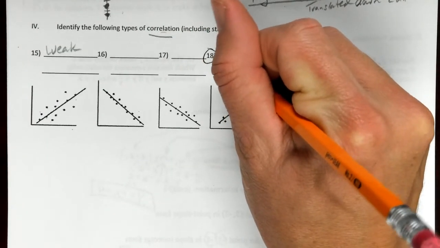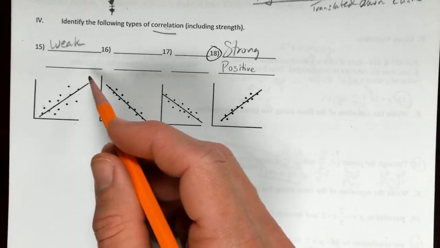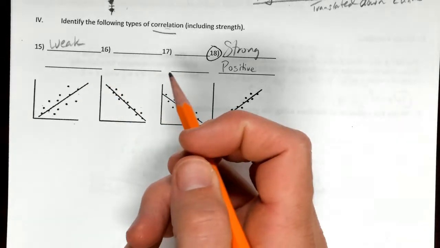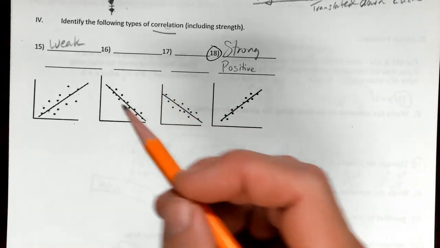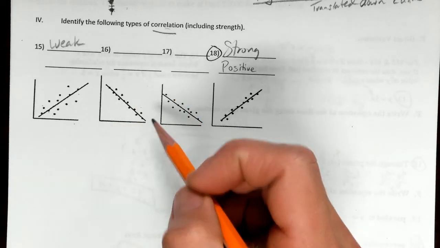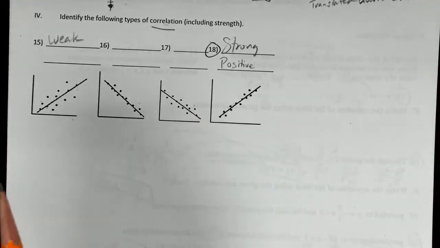Those points are increasing. Strong positive correlation. Number 15 would be a weak positive correlation because it's still going up. 16 and 17 are the exact opposite. Those points are going down. So that would be a negative correlation.